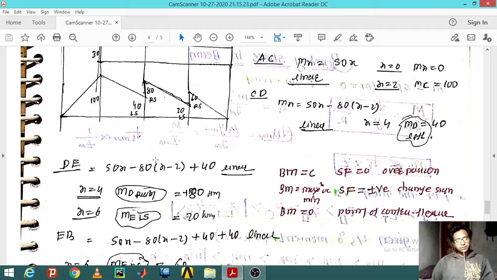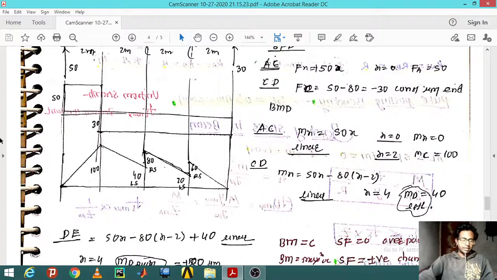So the equation is going to be 50x minus 80 times (x minus 2) plus 40. And in this condition, if you put the value x equal to 4, it will give you a bending moment with a magnitude of 80 kilonewton meter.